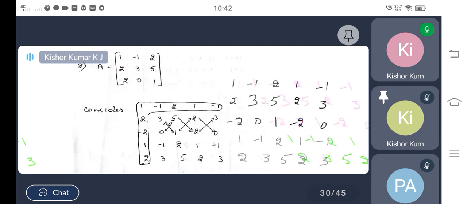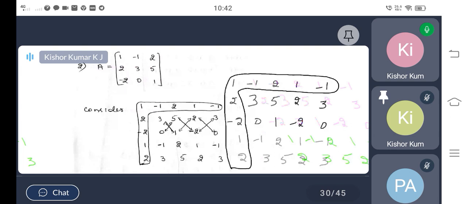Just observe. Consider these elements. Here you have to multiply by considering 3 only. So 3 minus 0 is nothing but 3.